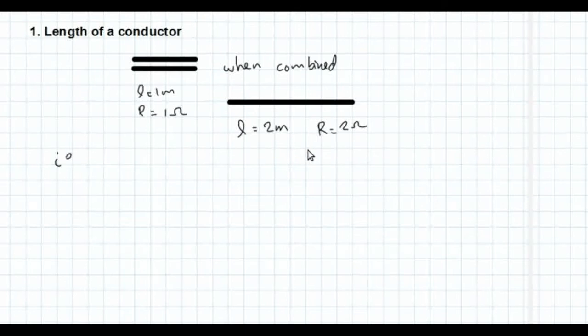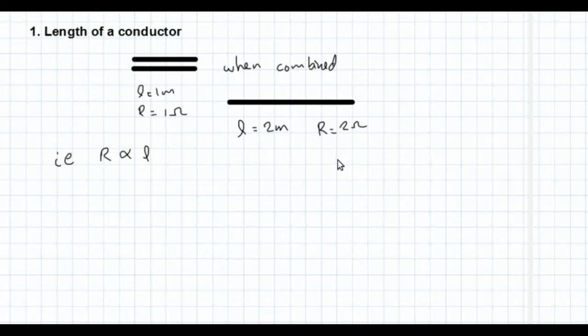That means when the length of a conductor increases, the resistance also increases, or we can say R is proportional to L. So 1 plus 1 is equal to 2 ohm.